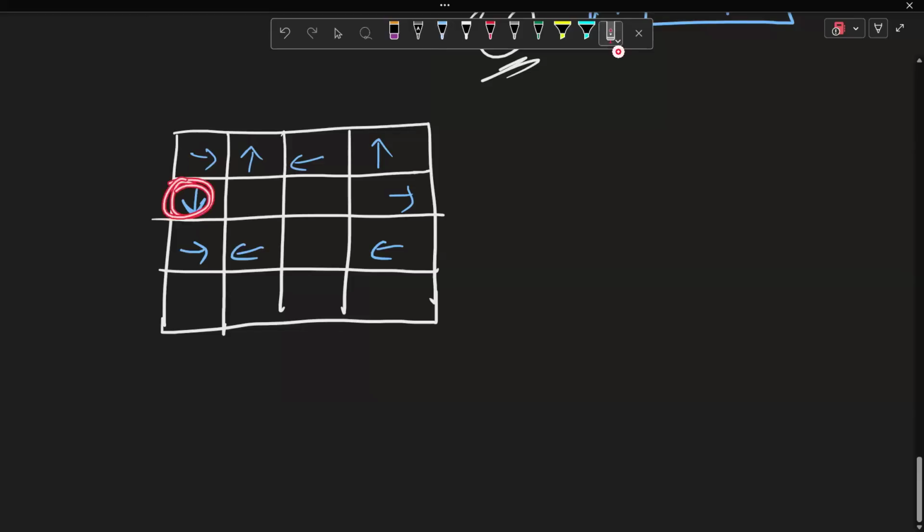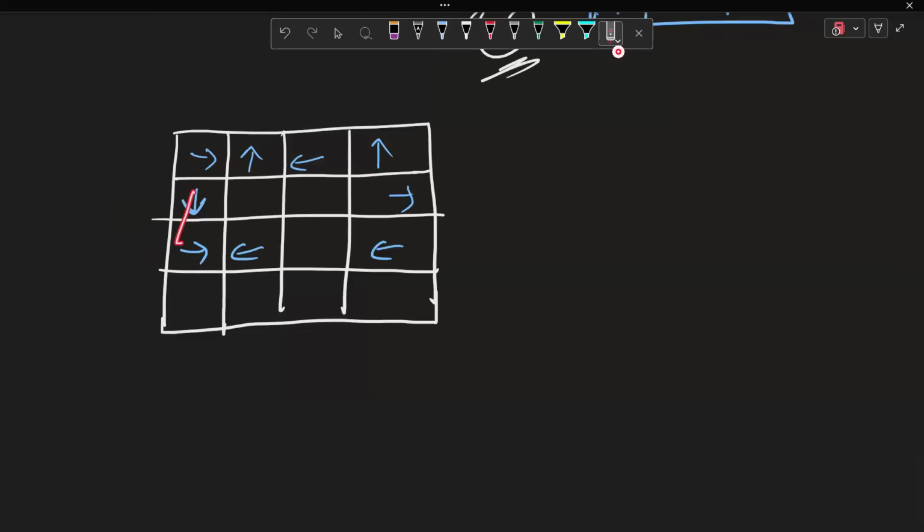So if you start from here, it is not taking you out, it is taking you somewhere else. Then it would depend whether this position is a position which would get you freed or trapped. Now if you look at this position, here you go to this position. So it would depend whether this position gets you freed or trapped. But from this position, you can see that you are in a loop. So these positions you can say get you trapped.